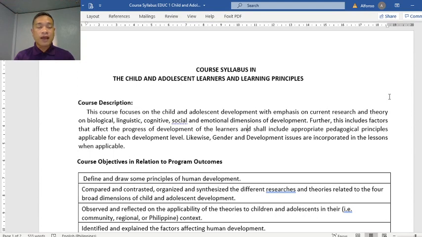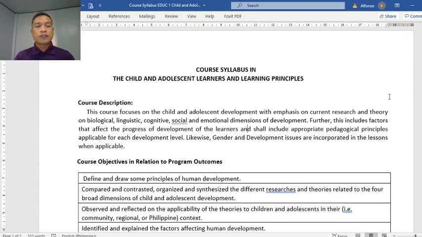Further, this includes factors that affect the progress of development of the learners and shall include appropriate pedagogical principles applicable for each developmental level. Likewise, we could incorporate gender and development issues wherever possible or applicable. Okay?